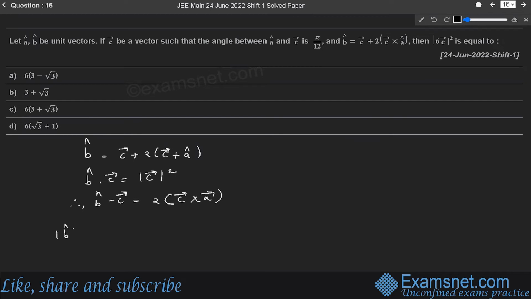So, mod of b cap whole square plus mod of c vector whole square minus 2 into b cap dot c vector will be equal to 4 into mod of c vector whole square into mod of a vector whole square into sine square pi by 12.